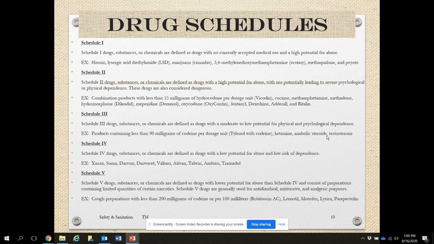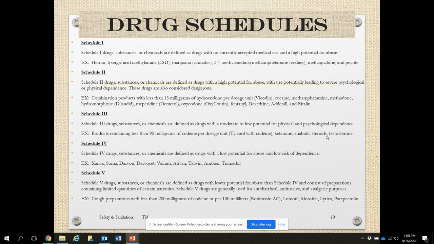Other drugs on there, Ambien, Xanax, are Schedule 4 drugs. And then we have Schedule 5 drugs. They have a lower potential for abuse than Schedule 4. It depends on the quantity of certain narcotics that are in them.